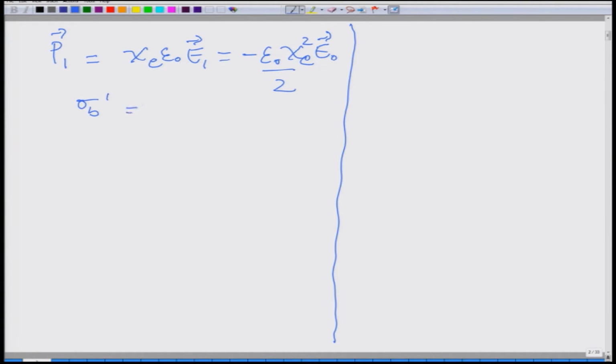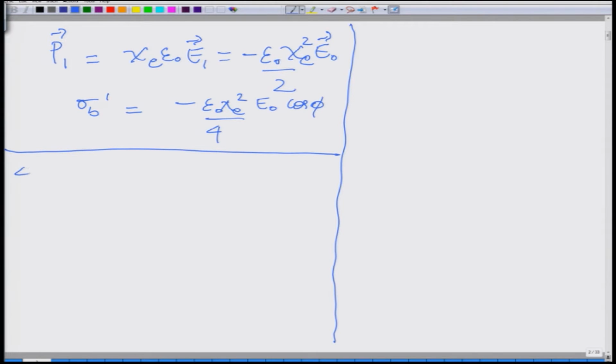This will again give rise to a surface charge density sigma B1, which is given by minus epsilon naught chi E square E naught cos phi by 4. And when one considers all the infinite iterations and does the infinite sum, one will obtain the net electric field. So this is about 4.22.